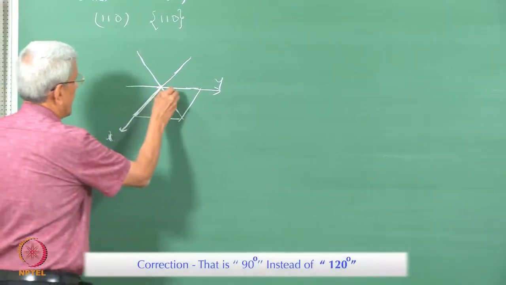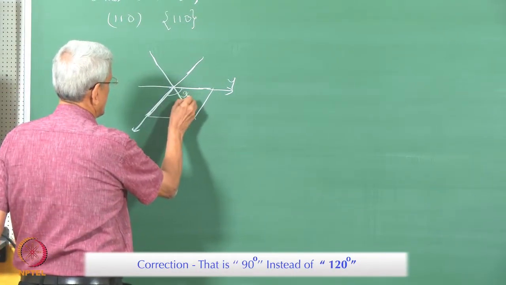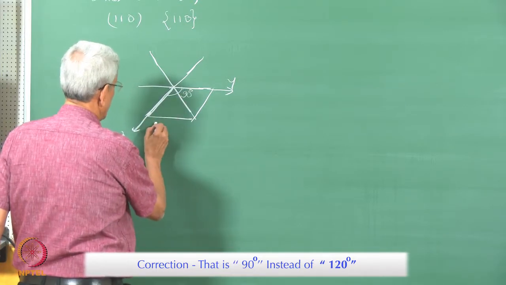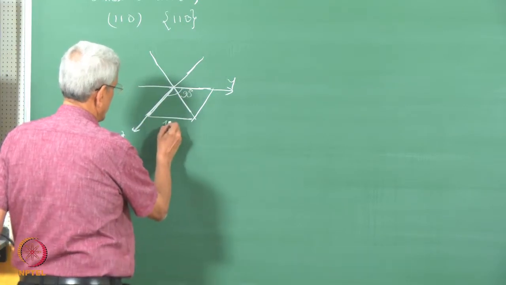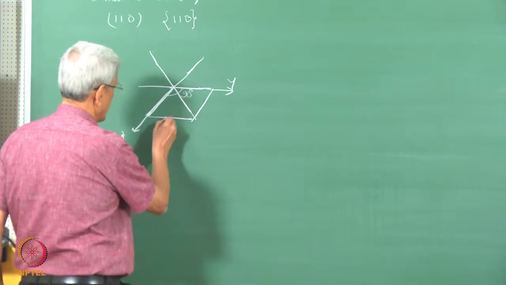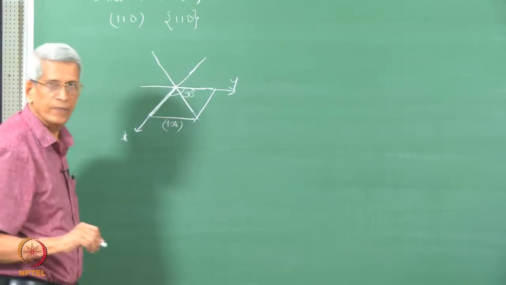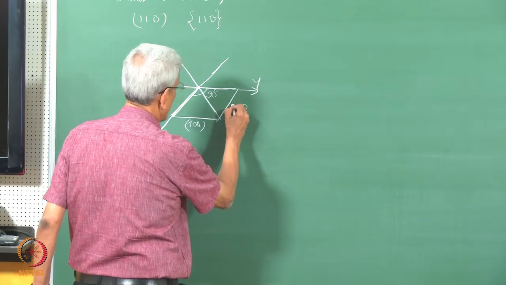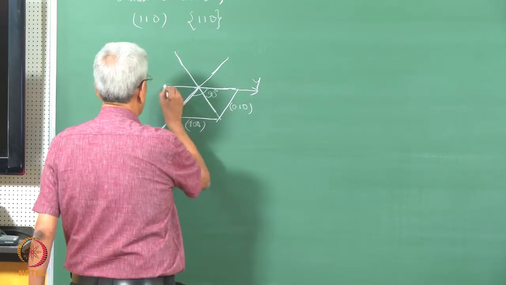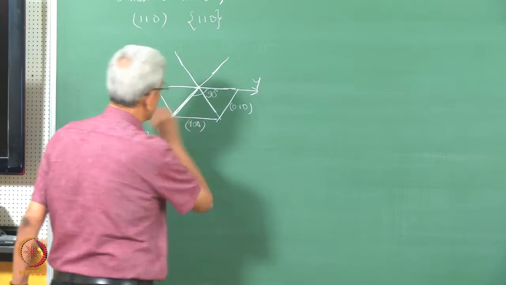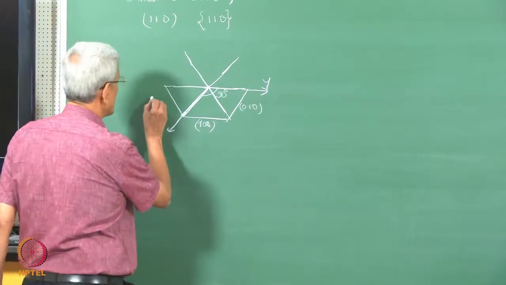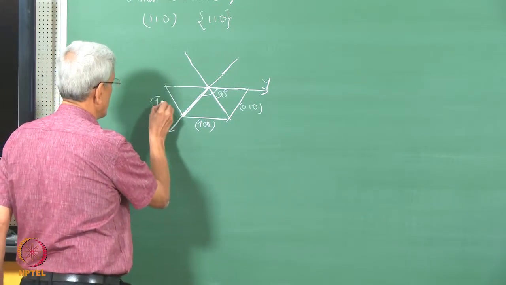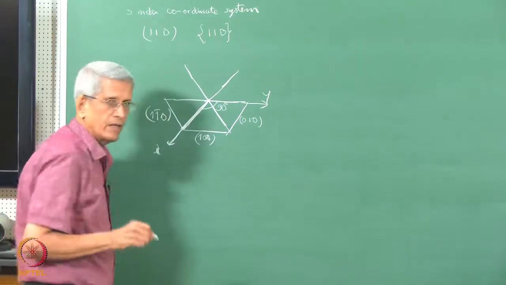The angle between these is 90 degrees. Then this plane will be a 100 plane, correct. This plane is the 010 plane. If we take this plane in this system, this is going to be a 110 plane, correct.